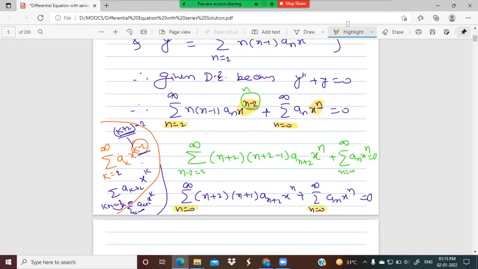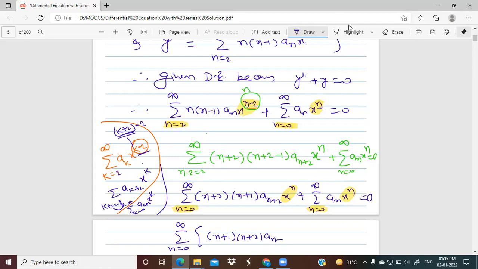This is also starting from 0, x raised to power n, x raised to power n. Therefore, we can add it. Therefore, I will write n equal to 0 to infinity, n plus 1 into n plus 2, a n plus 2 plus a n, into x raised to power n. I will add it.